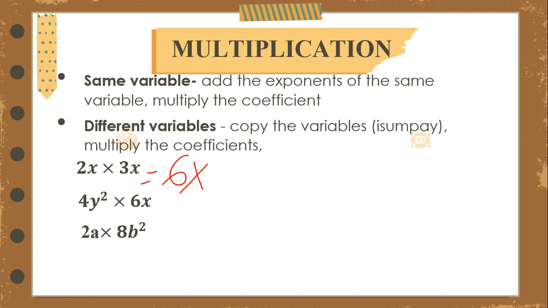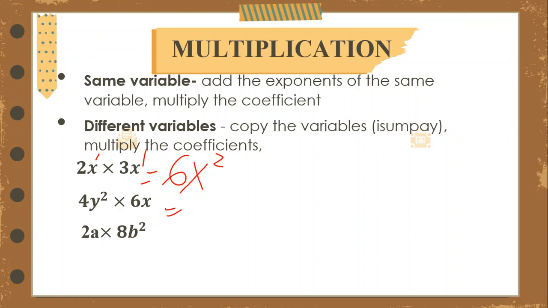Imagine 1 and 1. When the variables are the same, we add the exponents. So, 1 plus 1 is equal to 2. 6x squared.